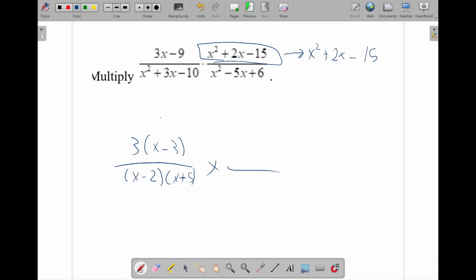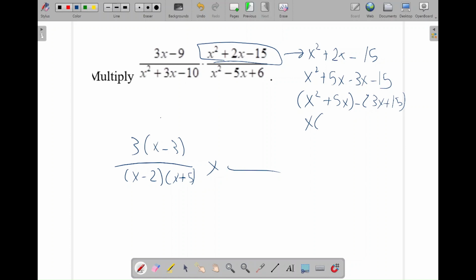Two numbers that add up to make positive 2 and multiply to make negative 15. So x squared plus 5x minus 3x minus 15. Just to confirm, 5x minus 3x is 2x, it does add up to make 2x, and it multiplies to make negative 15. Perfect. Okay. So x squared plus 5x minus 3x minus 15.